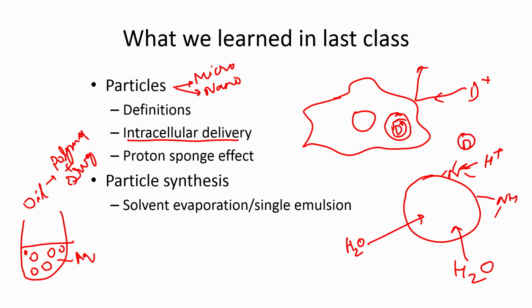You let the oil slowly evaporate out, as it is highly volatile, and that causes the precipitation of the polymers that were present in the oil phase to form particles encapsulating the drug.